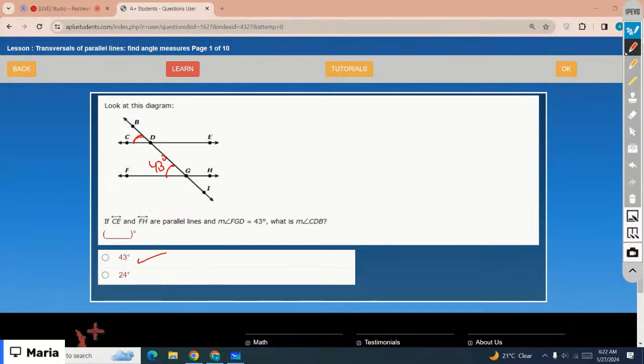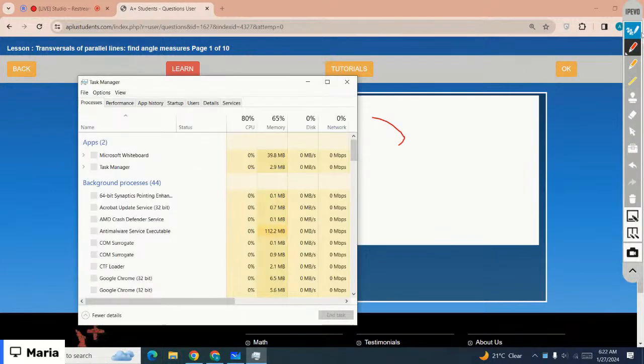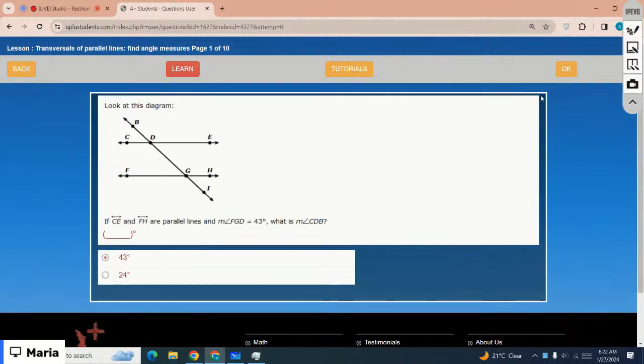They are the alternate interior angles, right? The correct option is 43 degrees. Measurement of CDB is also 43 degrees. So the correct option is 43 degrees. That's 43.